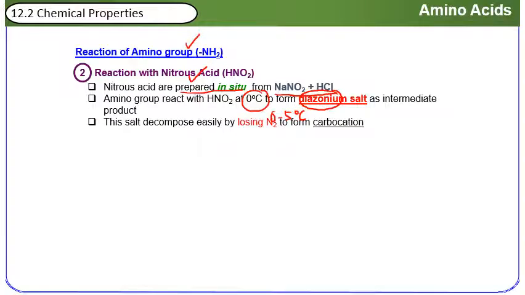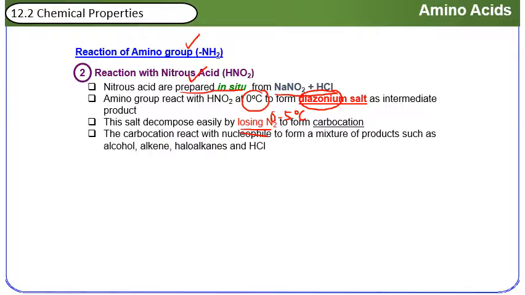But because it is aliphatic, it will lose nitrogen very quickly to form the carbocation and release nitrogen gas. The carbocation will then react with a nucleophile to form alcohol, alkene, or haloalkane. These are the three main organic compounds.